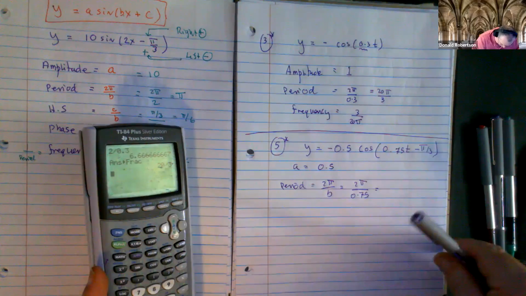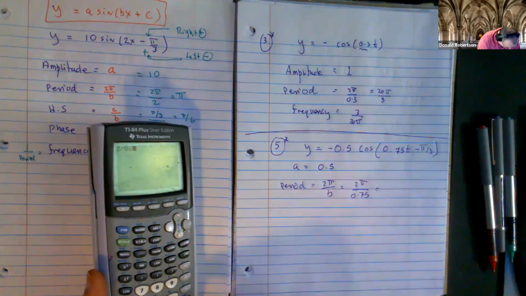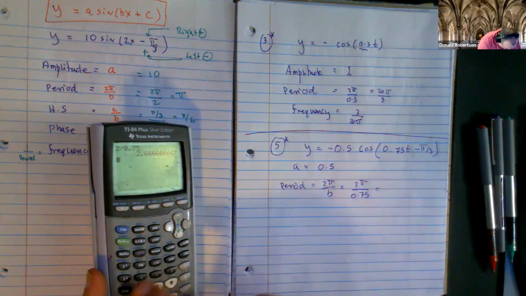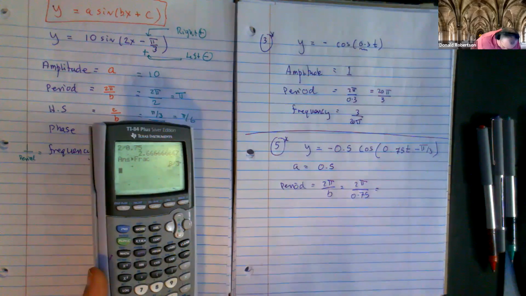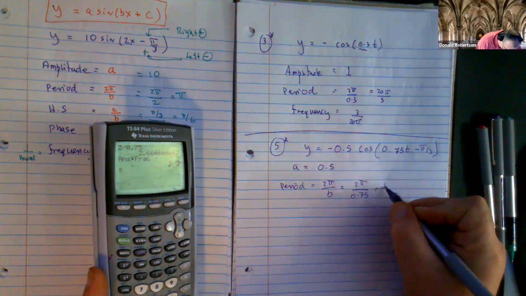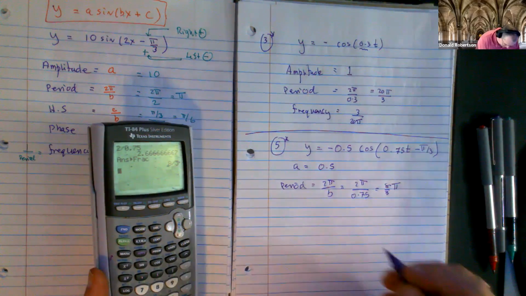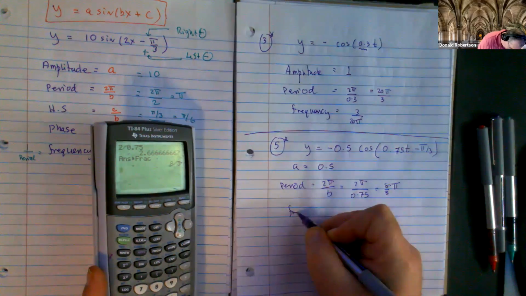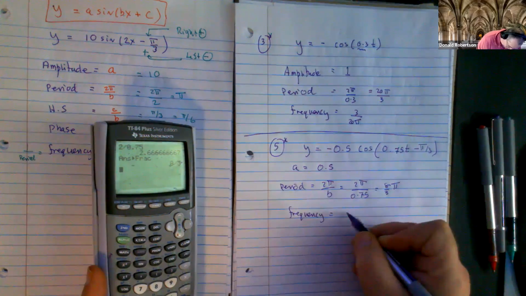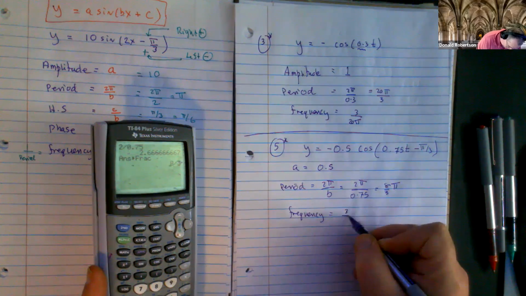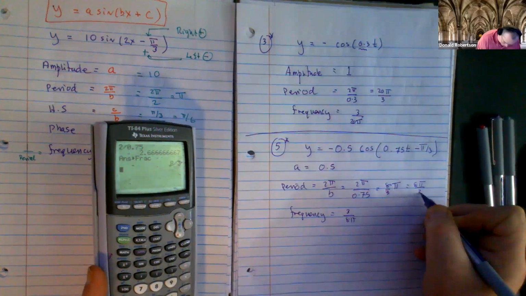And then when I'm finished, I'm going to make that a fraction. So I just do the number part, the 2 divided by 0.75, which is this guy. And then math, choice number 1. And the answer I got is 8/3. So there is the period, and they want the frequency again. And if that's the period, if it helps, can't you write that guy that way?